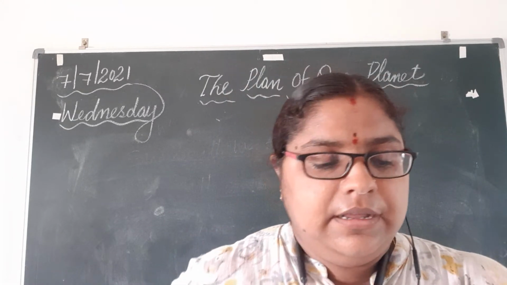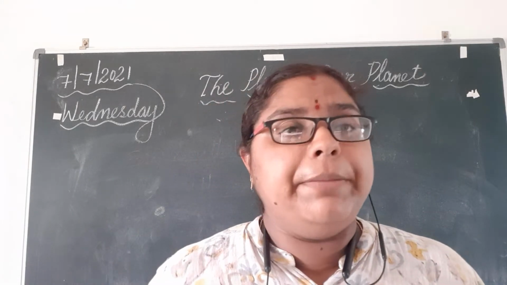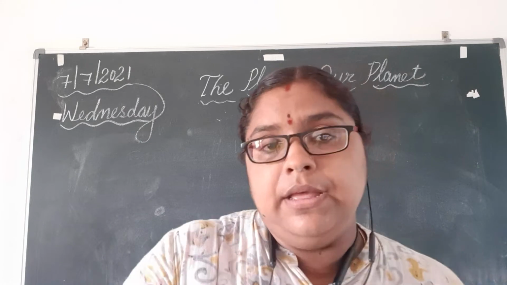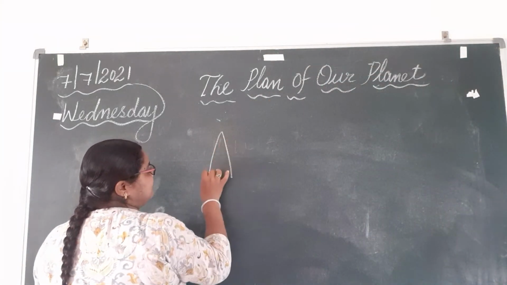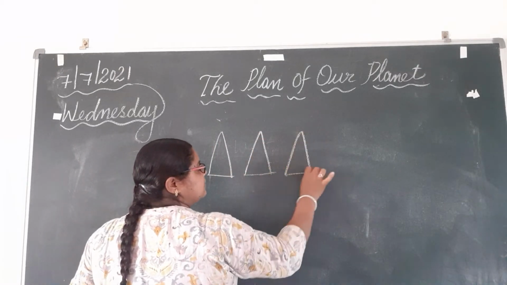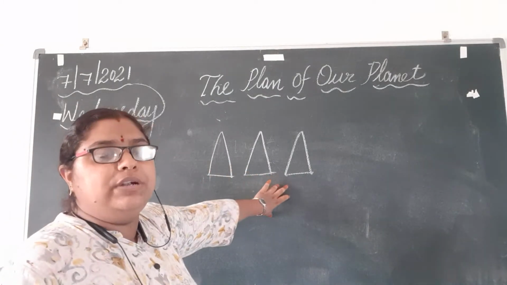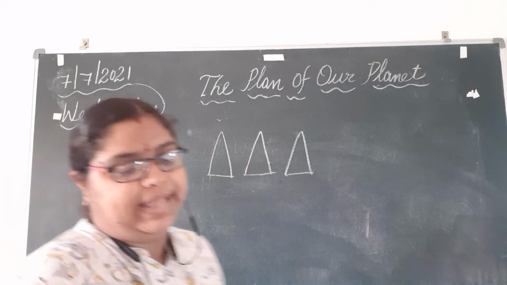For example, a triangle may be used to represent mountains on a map. If there are triangles on a map like this, these are mountains. By seeing these triangles, we can tell that these are mountains.